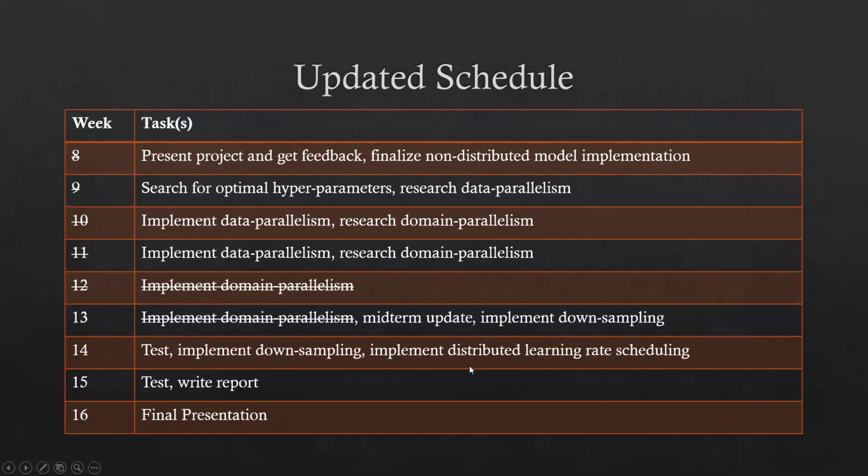There are also some miscellaneous features I need to implement, the main one being learning rate scheduling, like learning rate decay and things like that. Then for week 15, I'll do more testing, get my figures drawn up and write my report or final presentation. And then week 16, I'll present.